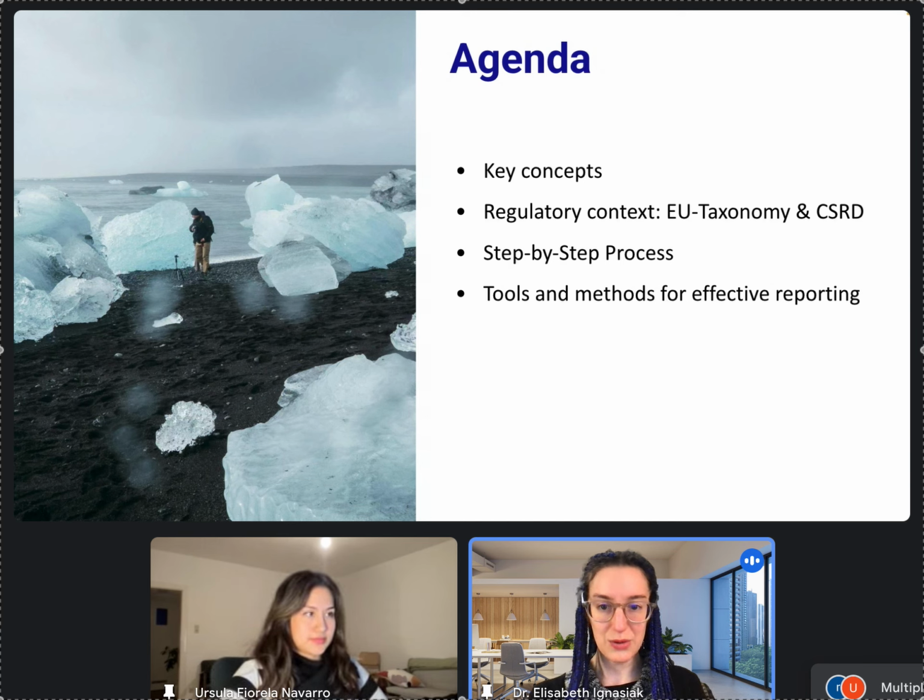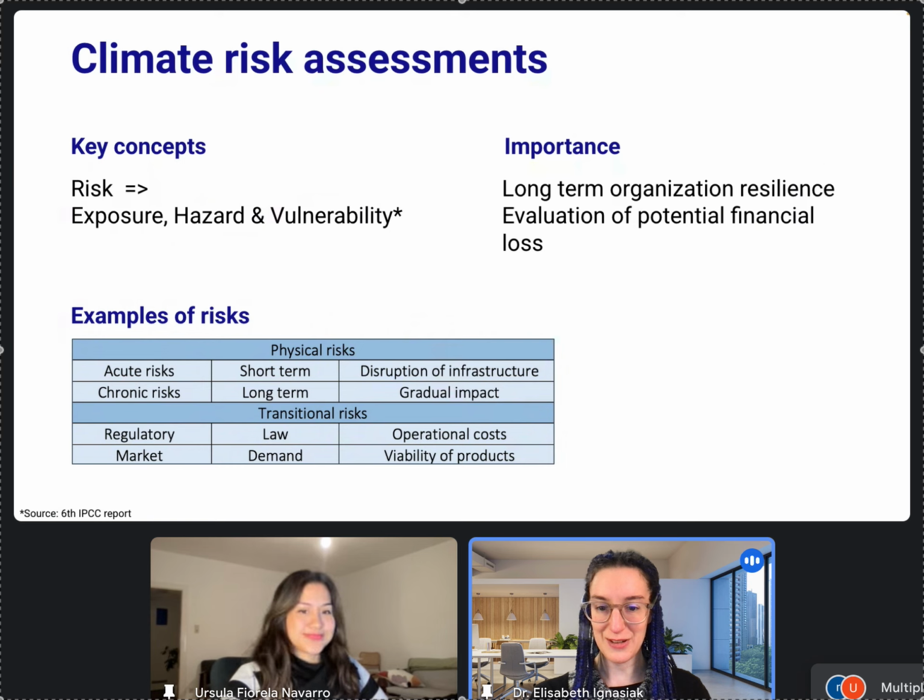Then we will go step by step into what a climate risk assessment actually looks like. And finally, we will show a few examples, tools, and methods for the climate risk assessments themselves. And with that, I pass on to Ursula for the first concepts.